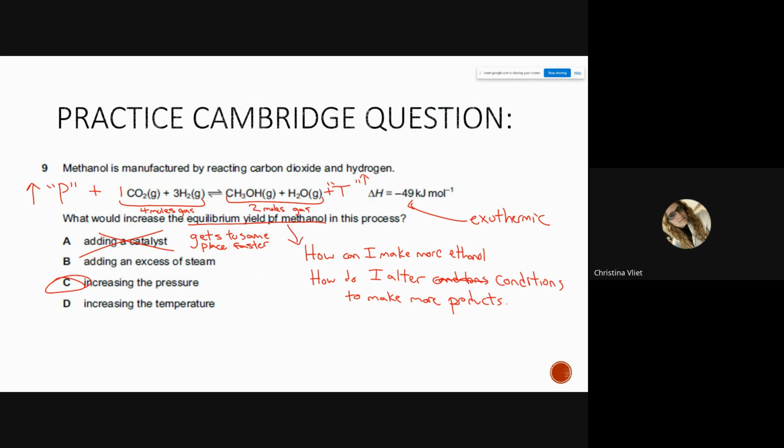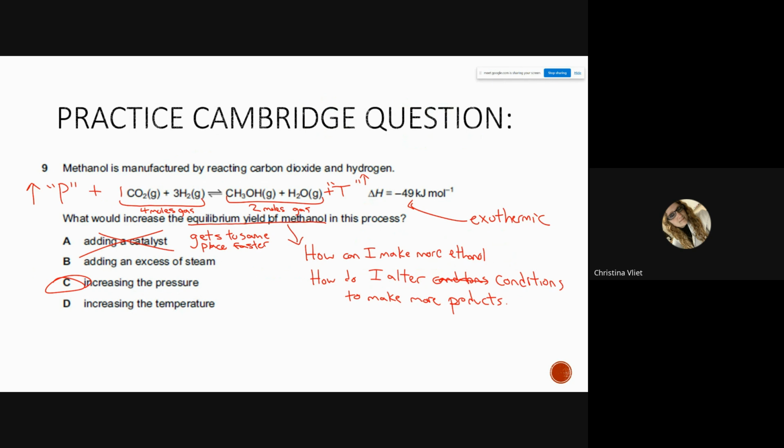If you want to increase the yield of something, you would increase the stress on the opposite side. So if I want the reaction to increase the amount of methanol, I need to alter conditions in such a way that I'm putting more stress on this side, which causes the reaction to make more product.